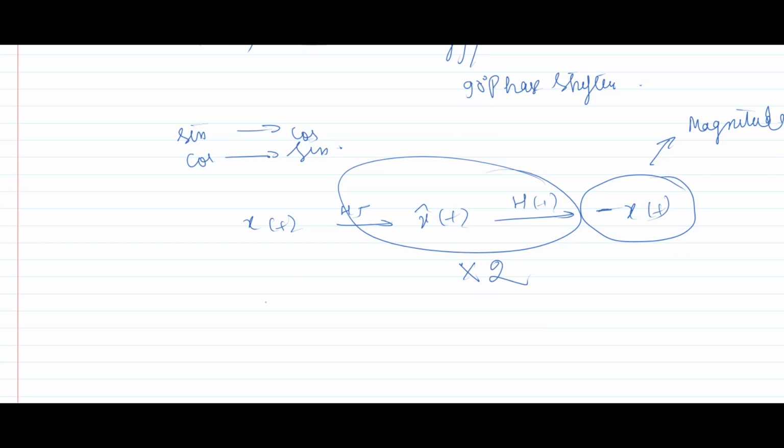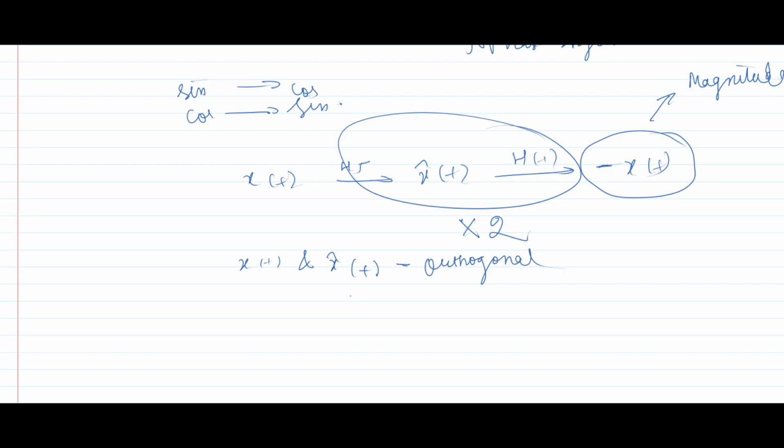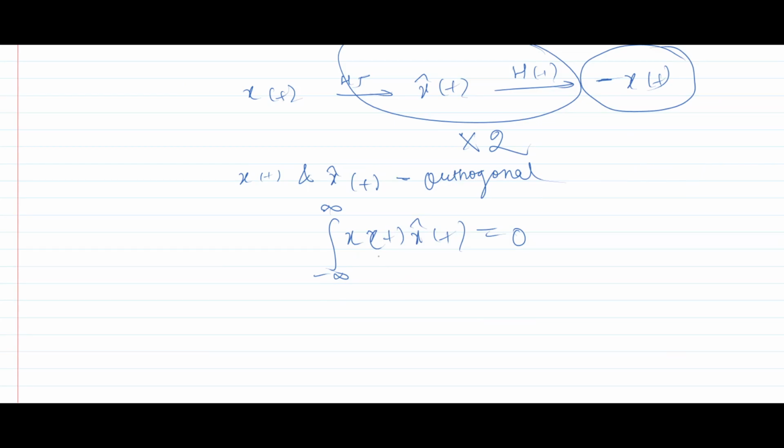And the other important thing is that x(t) and x bar t are orthogonal. What is the meaning of orthogonal? In simple language, these are perpendicular. But how do you show that these are perpendicular? You multiply these and integrate throughout. Like x of t into x bar of t will get you a 0. So a 90-degree phase shifted version, which is orthogonal, will always give you a 0 when you integrate its product throughout the range.